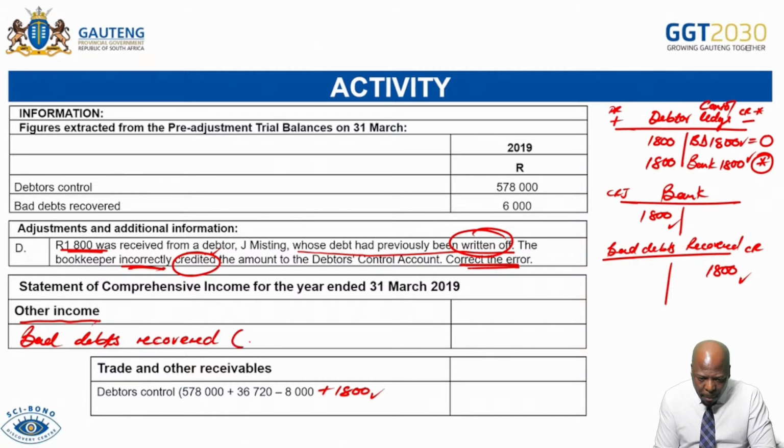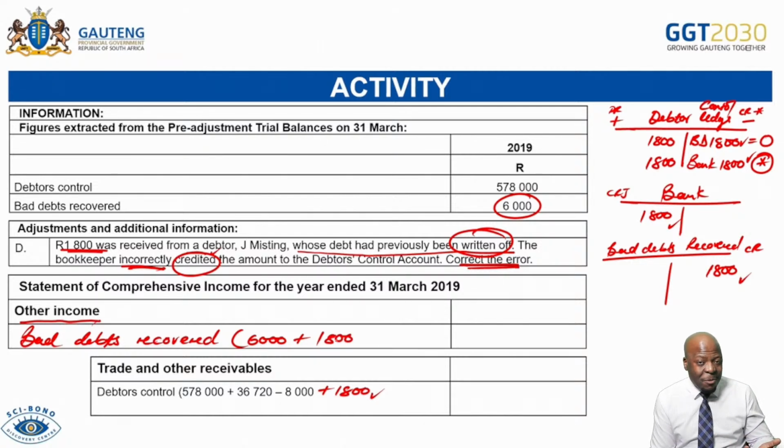Okay, let me open my bracket here. I had another amount there, which was my 6,000. So I'll say plus 1,800 like that. I can close off the bracket if you want, but let's go on. Then we just close all the brackets at once. We're still good? Thank you. Let's go on to the next one.